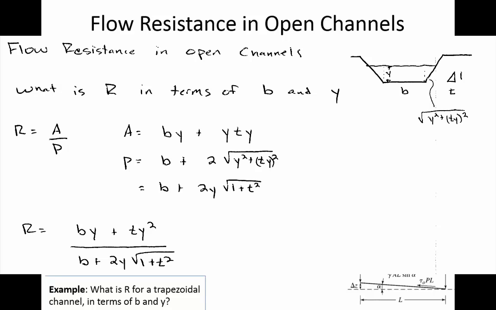Now that can be generalized because y times t, this was when it was equal to 2. So let's just say that we've got a 1 to t side slope, and so that means that here we've got a depth of y. So this is y here, and if y is the vertical component, then this distance is going to be yt.